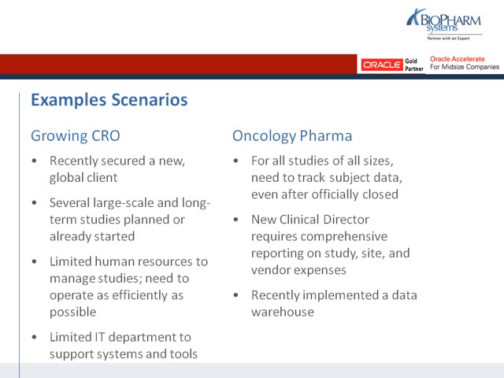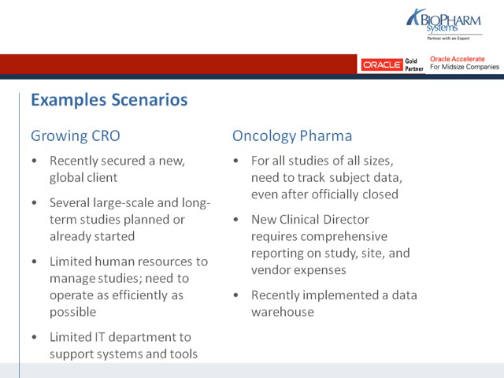But on the other side, the oncology company already has some long-term trials that they're managing, and there's a considerable amount of data in the legacy system, and these studies are long in duration. So that may make the case for them to migrate certain studies.